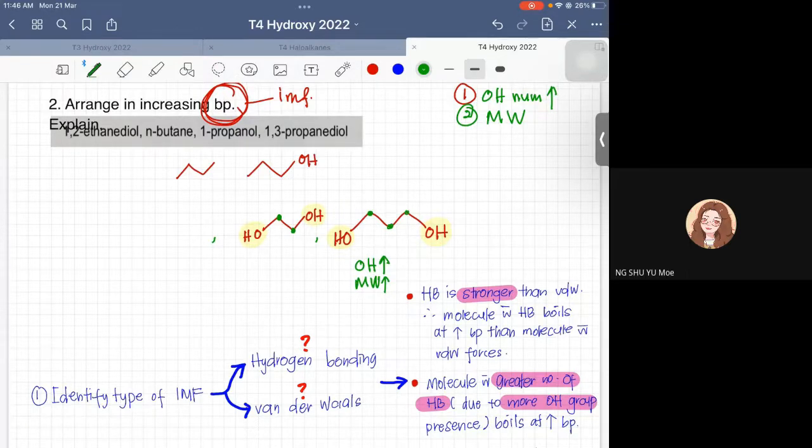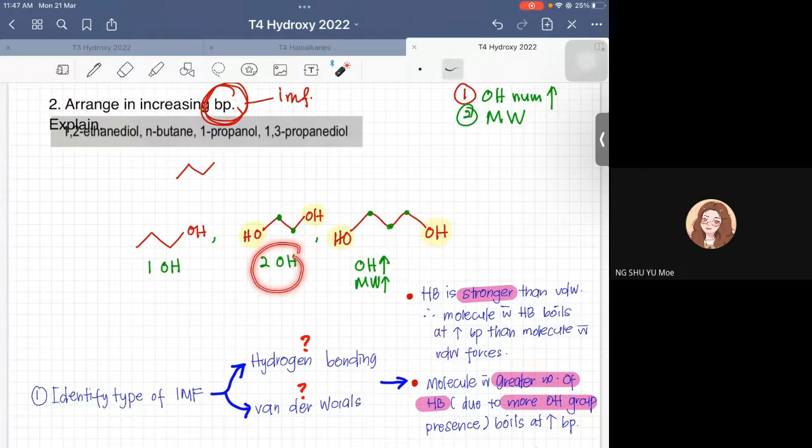Next, kita ambil siapa lagi? Structure mana? Yang ini 1. So, kalau kat sini you ada 2 OH group. Di sini ada 1 OH group. Bila ada 2 OH group, maksudnya can form more hydrogen bond. This one, less number of hydrogen bond. Okay, and the last one, the n-butane.